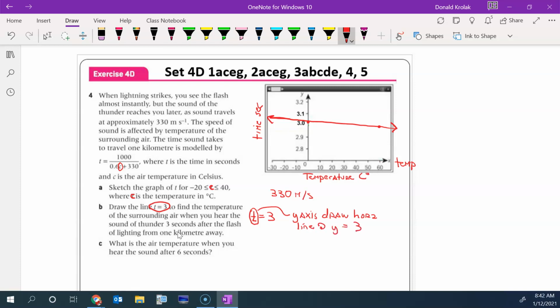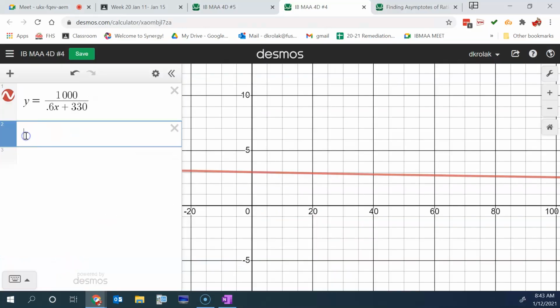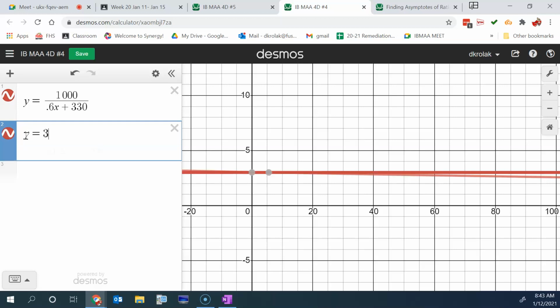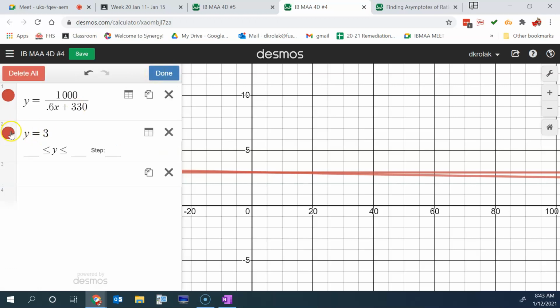And then what you want to do is find the intersection. So we go back to our graph, and I create another line, and I make it y equals 3. It's hard to tell the difference, so to change the color of a line, you click on the gear, and then you click on the color. I'm going to change it to blue.